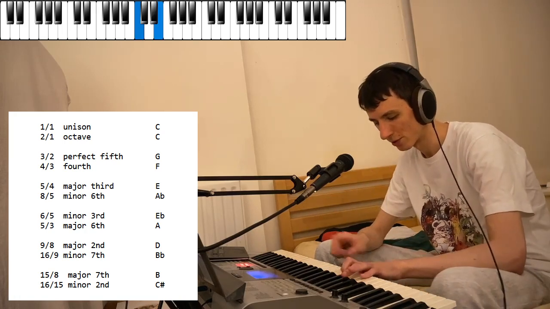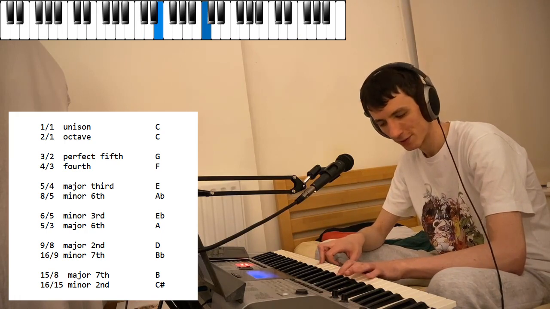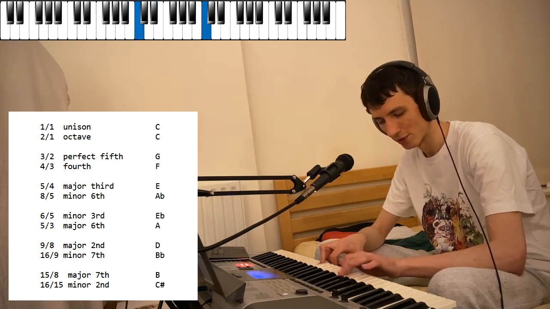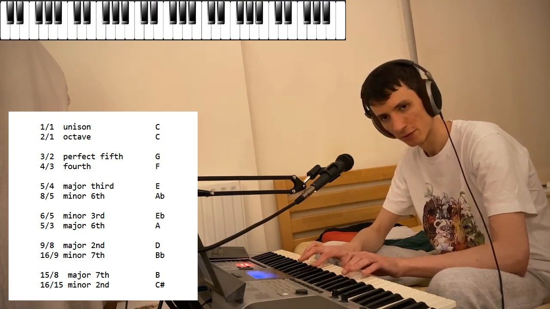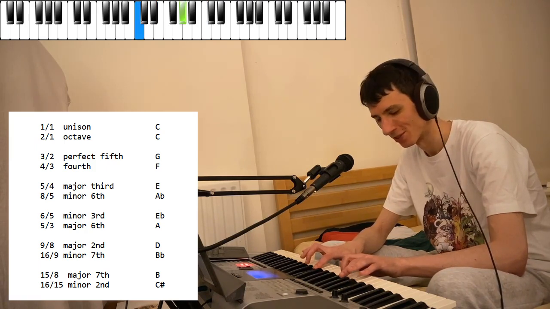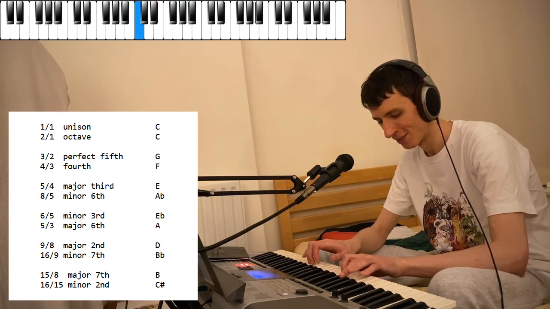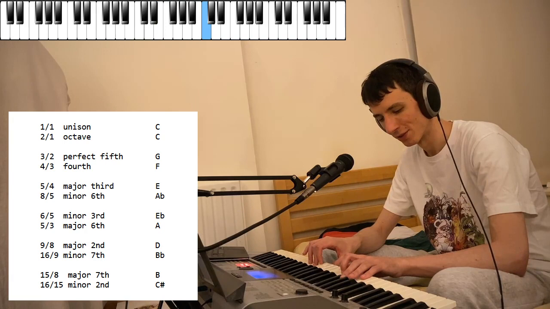So this is 5/4, 6th, 7th, 8th. This is 8/5, which, if we apply it to our root note, gives us a minor 6th. That's the same ratio.